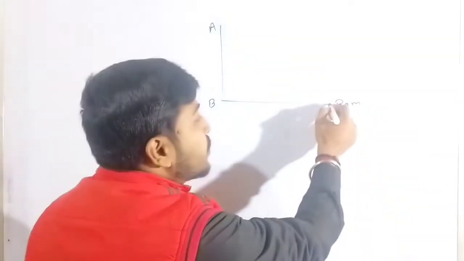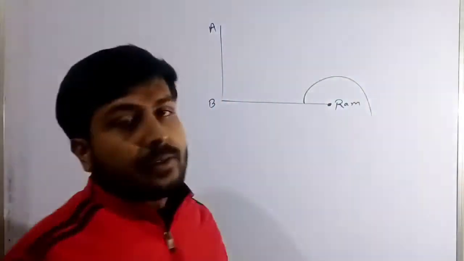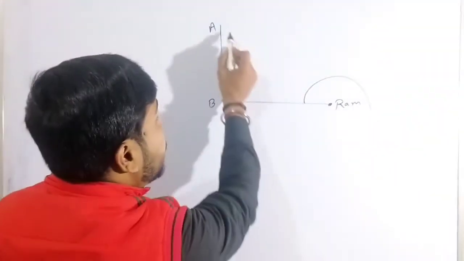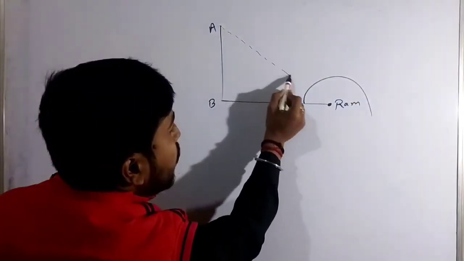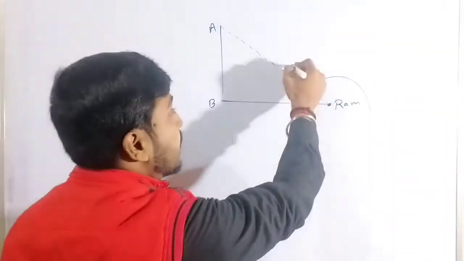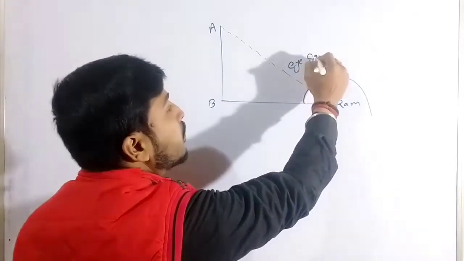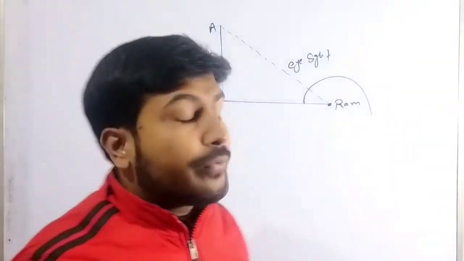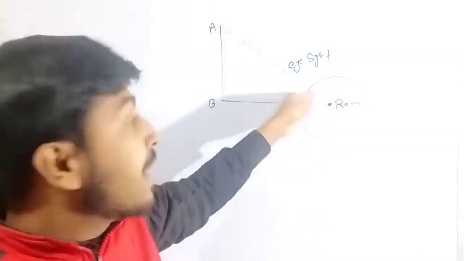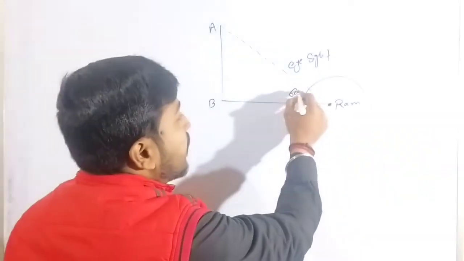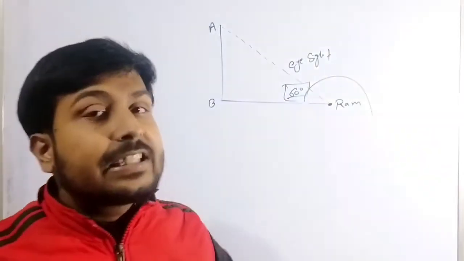Okay, so now try to fix a protractor here. Now if we try to calculate the angle, like this is the eyesight of Ram, and if we try to find the angle where Ram actually stays, so suppose this angle is 60 degree.